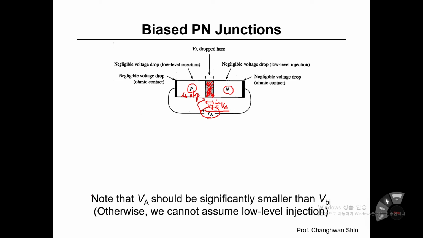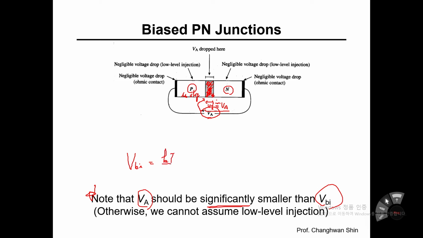And one more message that I want to say is this: the applied voltage VA should be much smaller than VBI. What is VBI? Yes, built-in potential. The built-in potential VBI is very well associated with the doping concentration of each side, P side and N side.